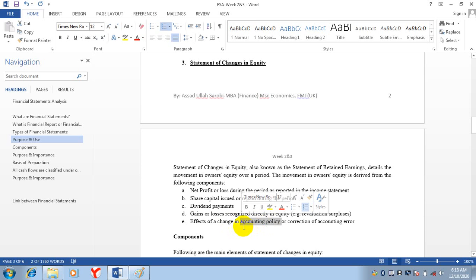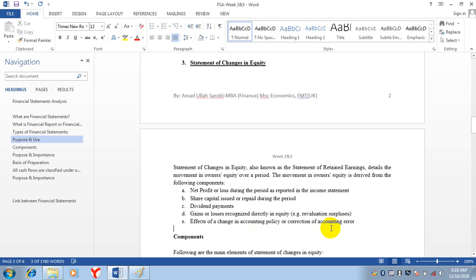Now I'm telling you that if there is some accounting error in the previous year, we now identify that there was an error, and that error was affecting our owner's equity. Because of the error, if there is an impact on the profit or loss, it will also affect the owner's equity.